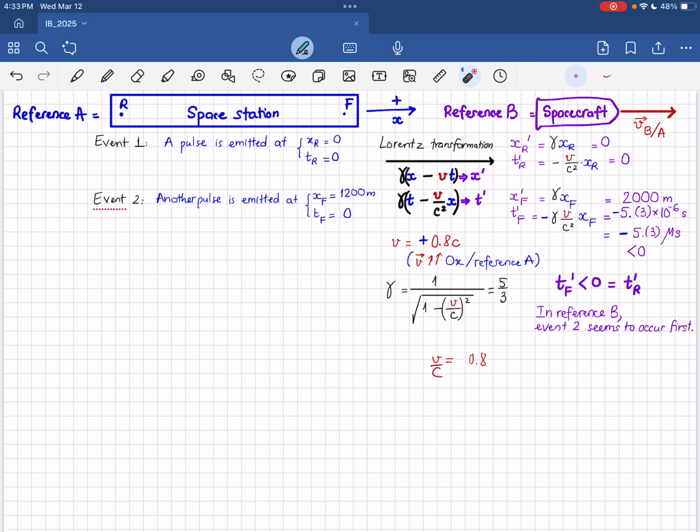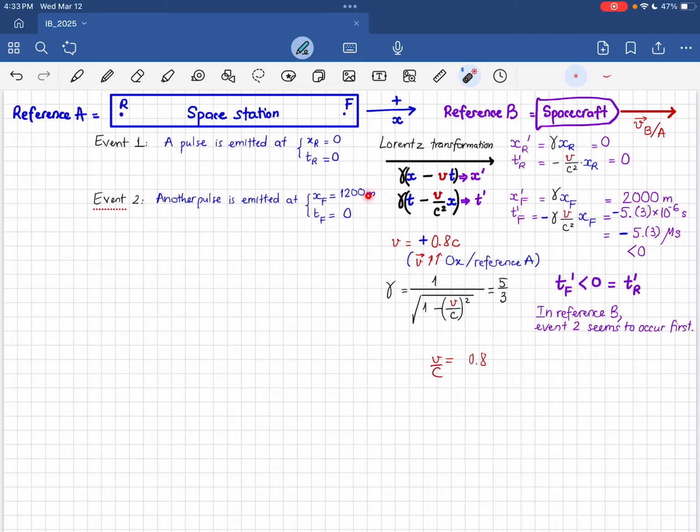Okay, so basically, if I call event 1 the pulse being emitted at position R, I would assign XR to be 0. Then XF will automatically be 1,200 meters, because it's 1,200 meters away in the positive direction.